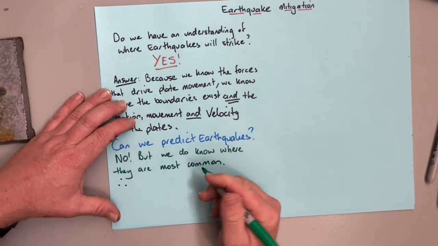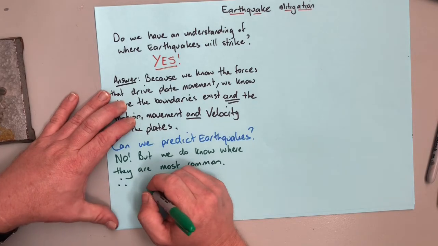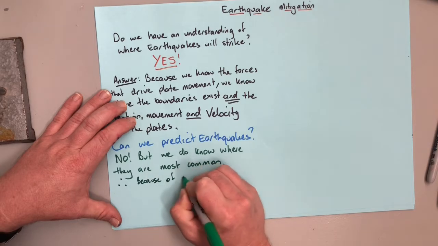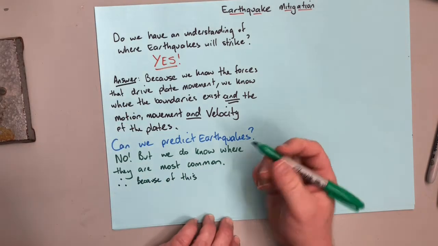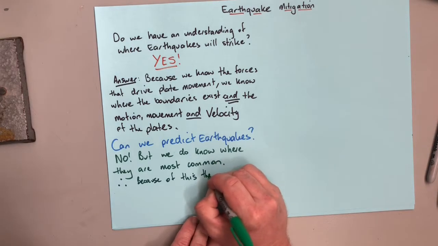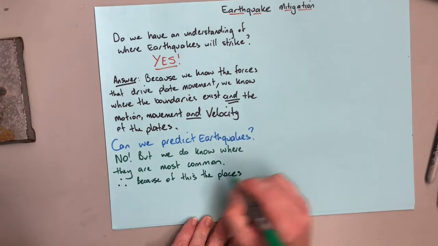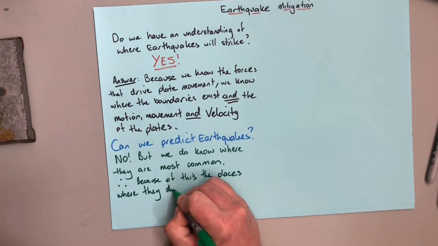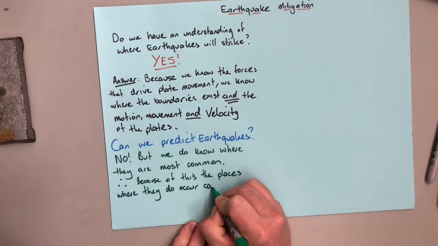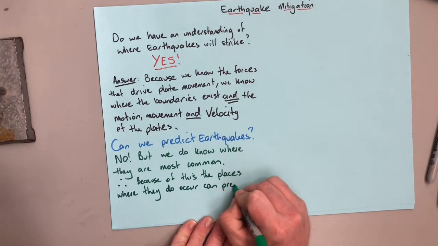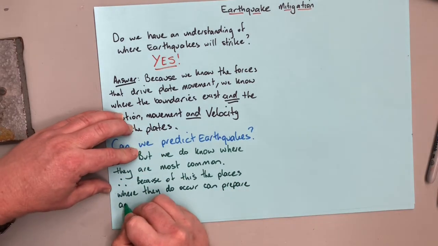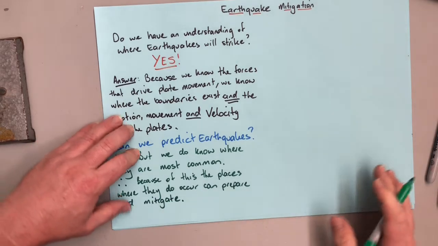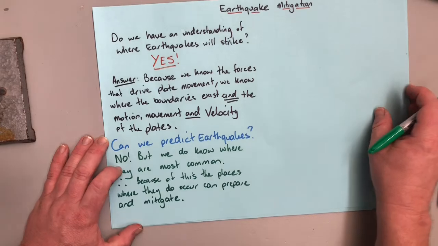Therefore, and those three little dots mean therefore, because of this, the places where they do occur can prepare and mitigate. All right.